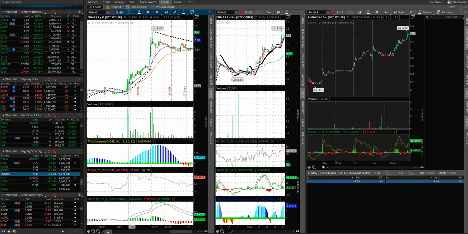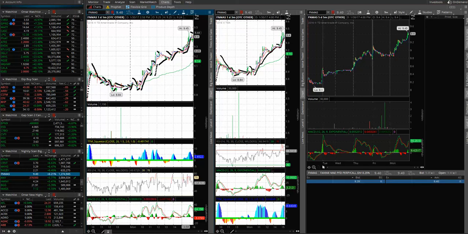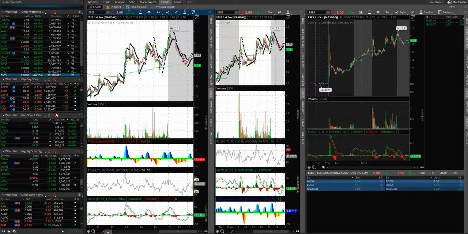Since October, it's been slowly gapping up, and then it kind of went to a high of 945, and then it's kind of back down. If we look at it again in one day, it's at 940. So guess what's gonna happen? This is gonna be a great short. I would look at it to short it.